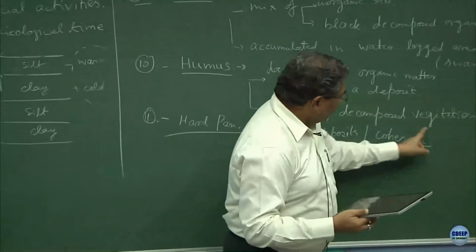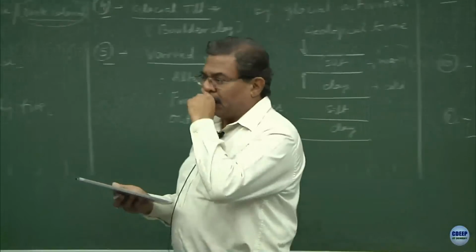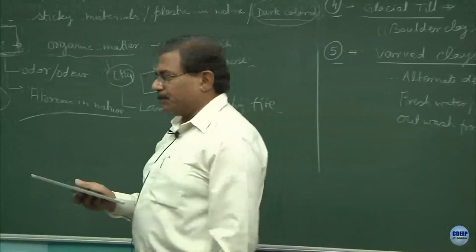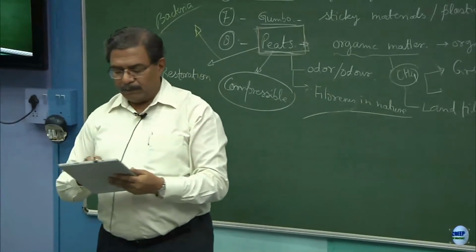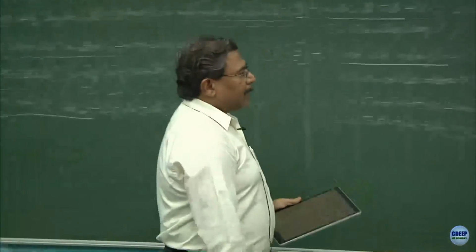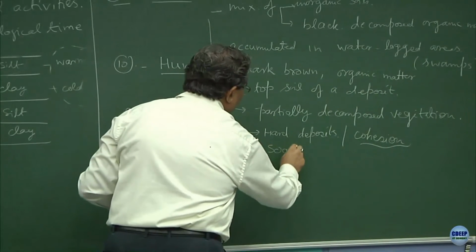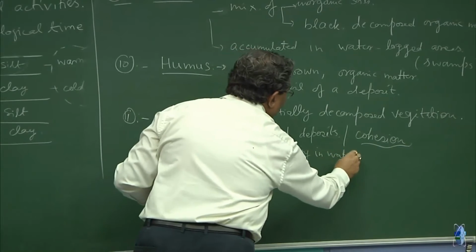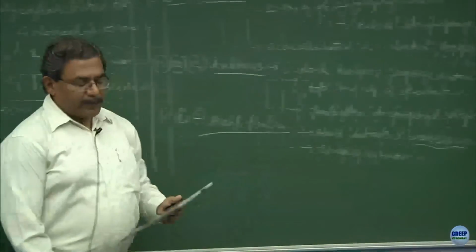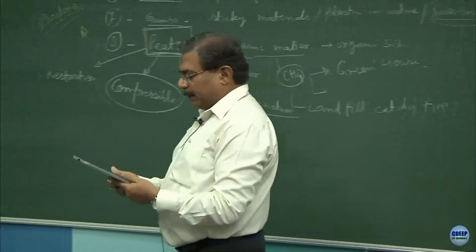So, this material shows cohesion. Cohesion indicates that the particles are glued with each other. And the acid test of this material would be soaking in water. Acid test means you have to differentiate this material from rocks, and this is one of the best ways to differentiate.